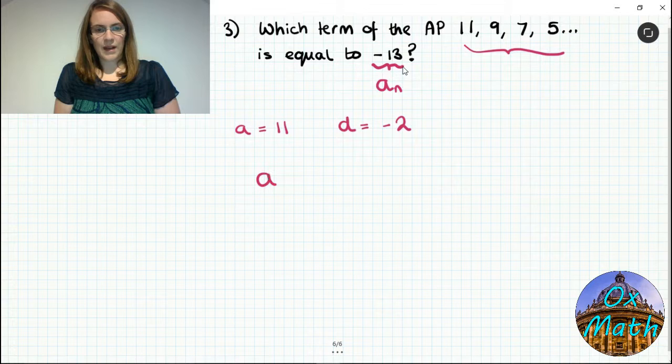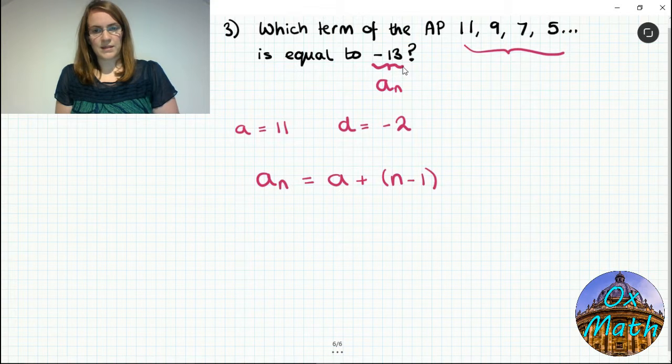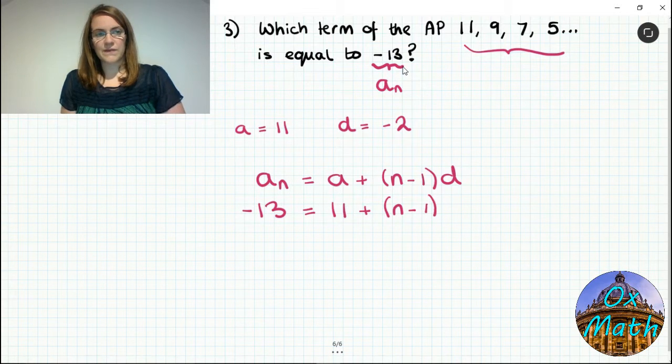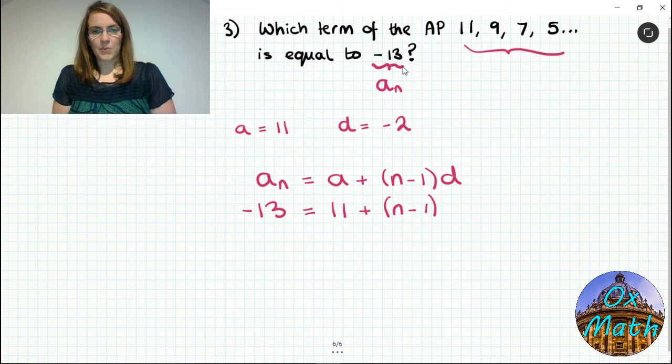So we know that our nth term will be equal to a plus n minus 1, always 1 less than the term number, d. And in this case we know the value of our term, so we know an. We know a. We don't, however, know n. That's what we're trying to find. We are trying to find the term number, but we do know that d is minus 2.